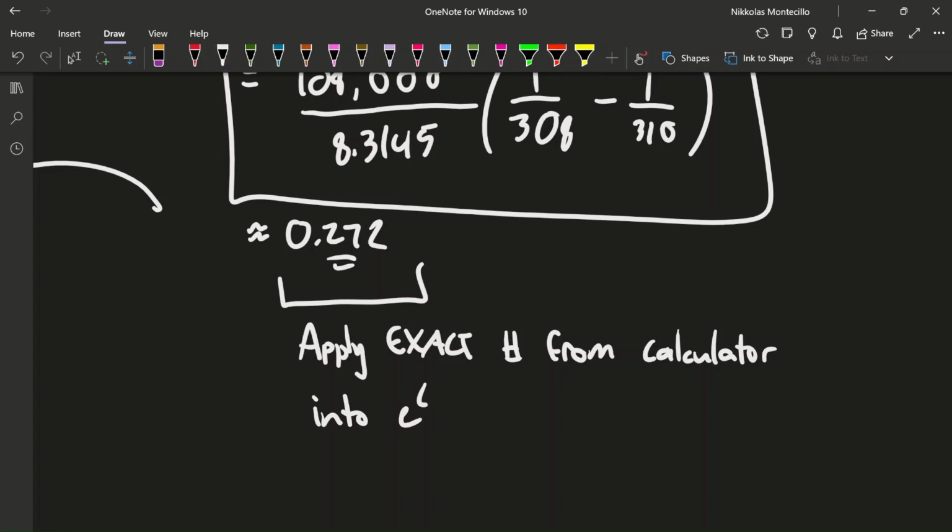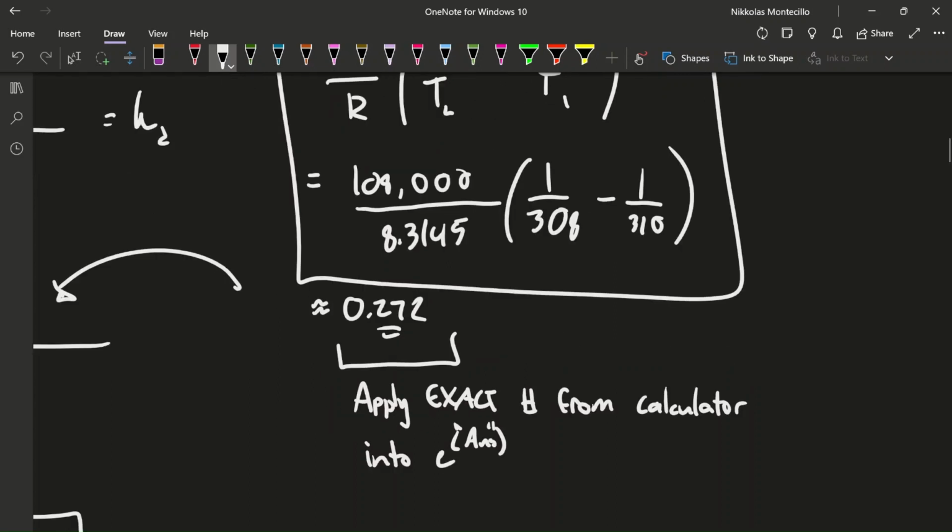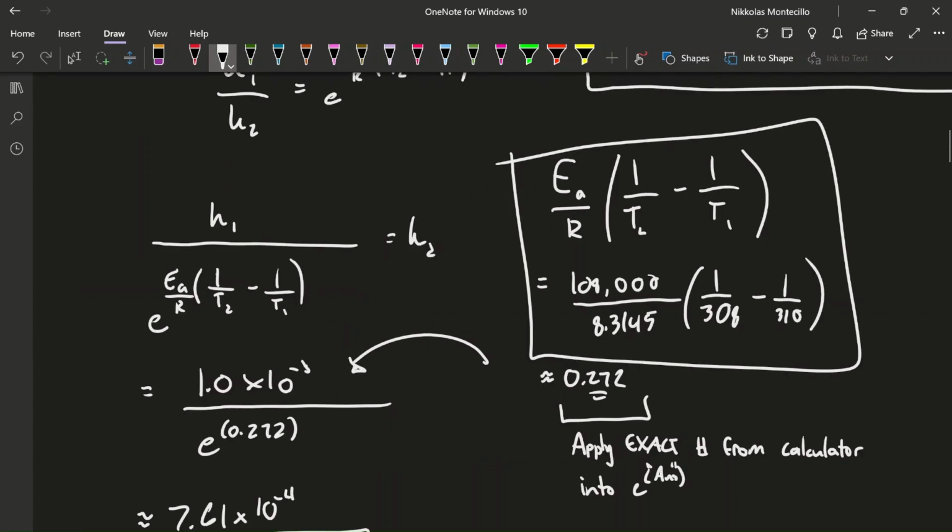We want to apply the exact number. Don't just round it yet. Make sure that you apply the entire number from the calculator, right? So e to the power of this answer equals 1.312, right?